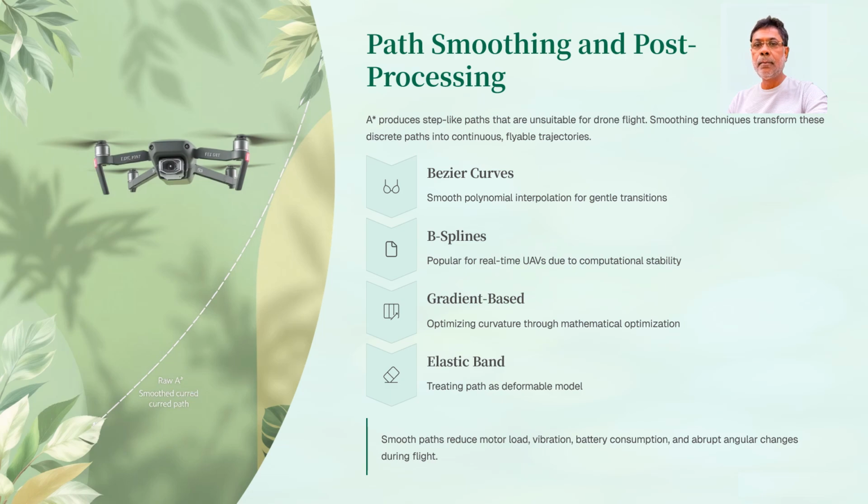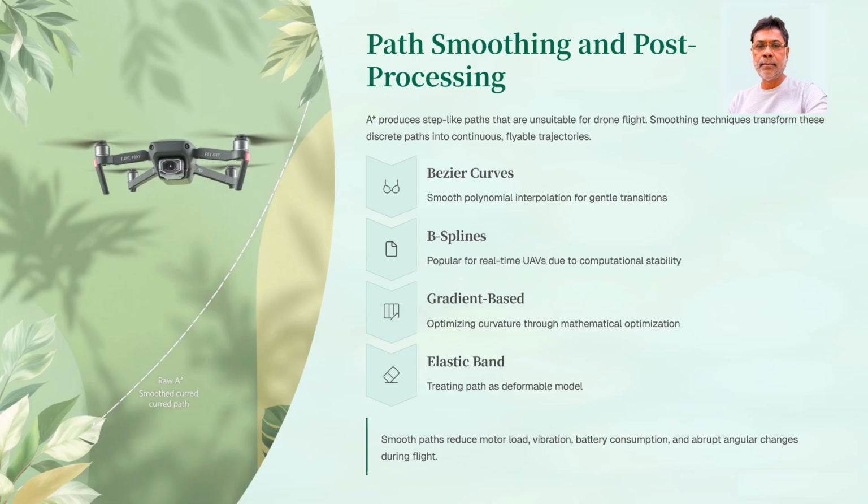Another option is B-splines, which offer flexible control over curve shaping. We also have gradient-based techniques, which refine the path by mathematically optimizing its curvature. Finally, the elastic band approach treats the path like a deformable model, allowing it to stretch and adjust around obstacles. All of these smoothing methods help drones move more naturally, reducing motor strain, vibration, energy consumption, and sudden directional changes during flight.